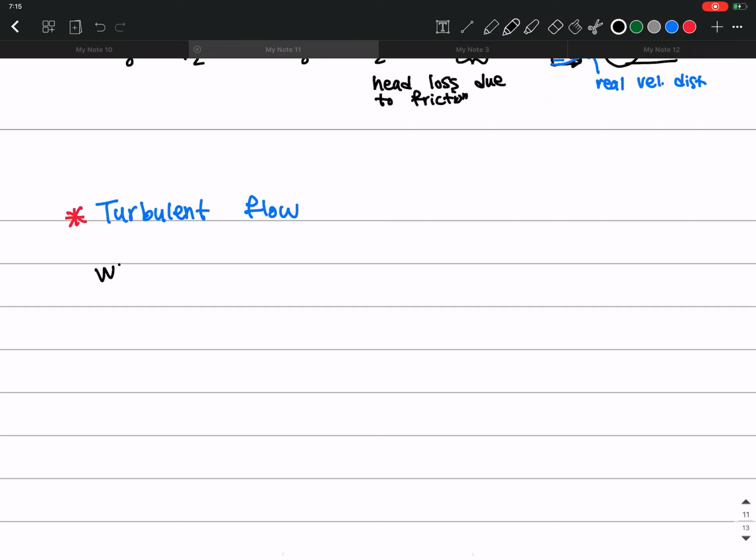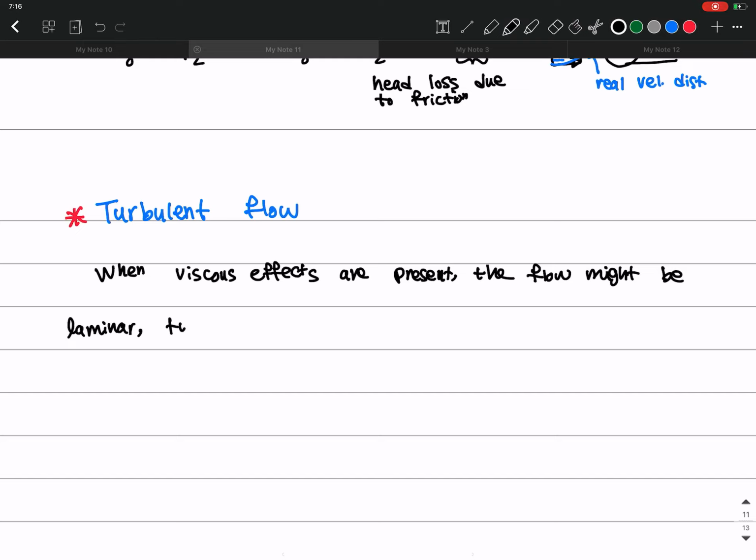So when viscous effects are present, the flow might be laminar, turbulent, or in transition.